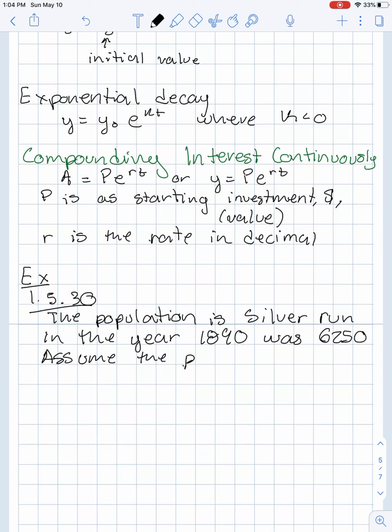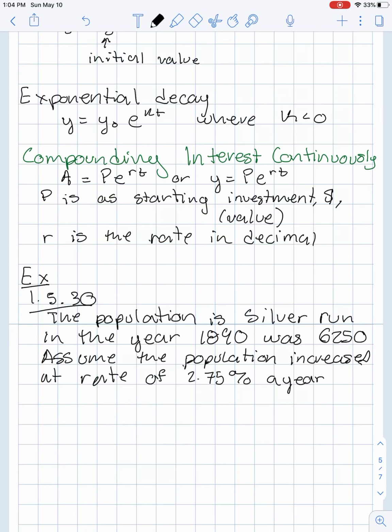We're going to assume the population increased at a constant rate of 2.75% a year.